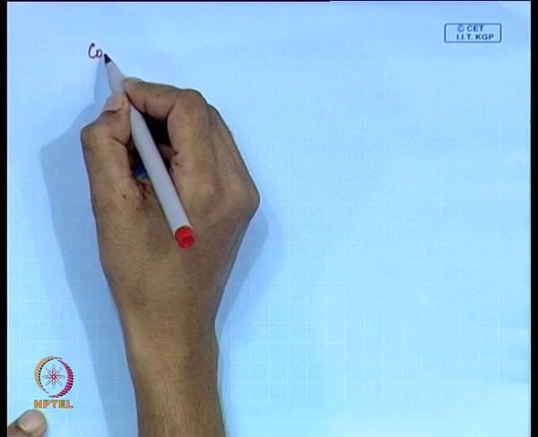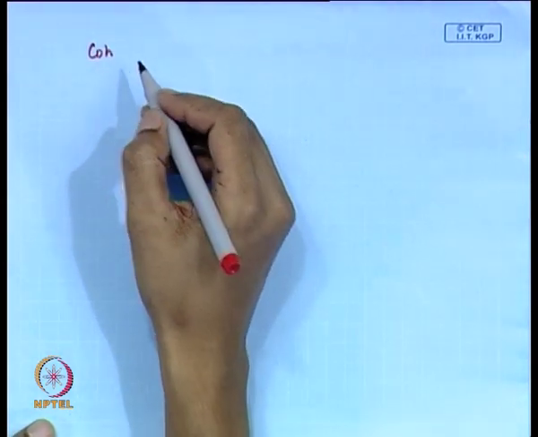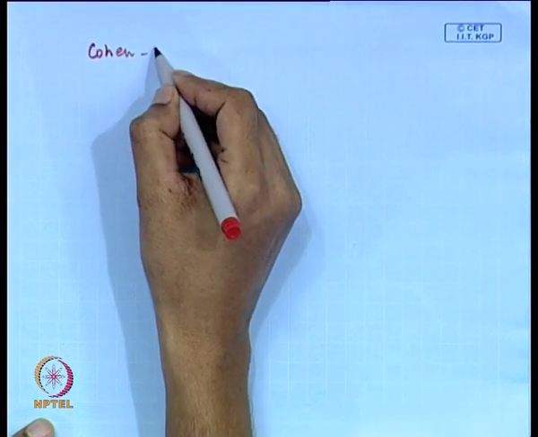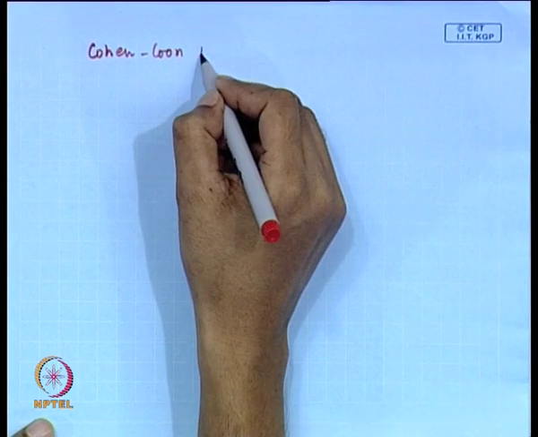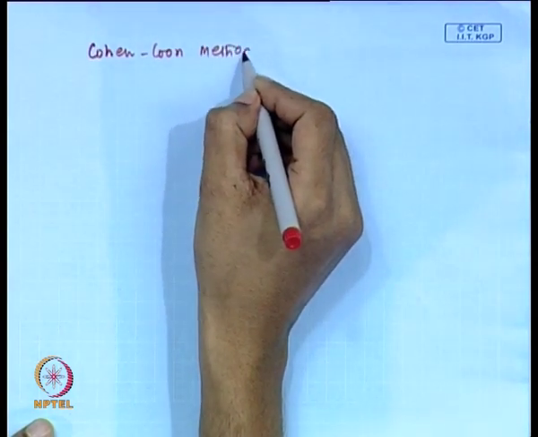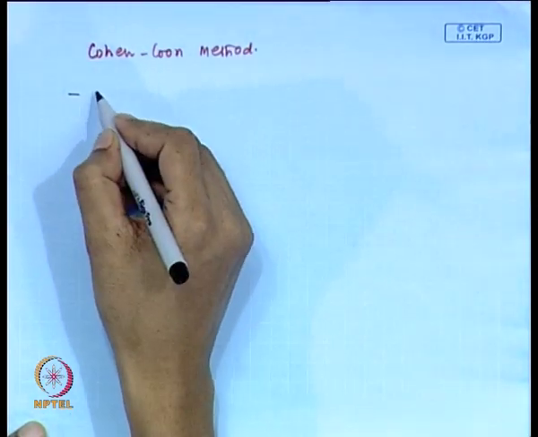So, next we will discuss one technique which is based on empirical rules, that is the Cohen-Coon technique or Cohen-Coon method. This method was proposed by Cohen and Coon.